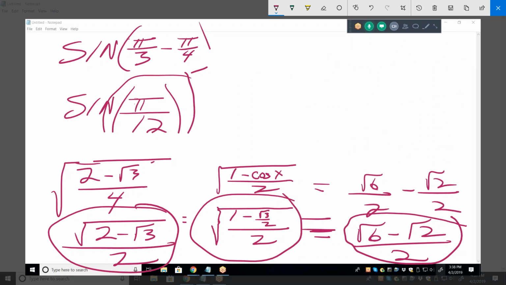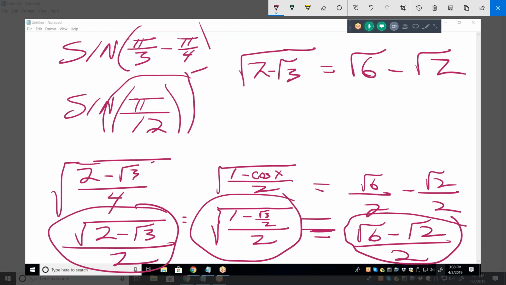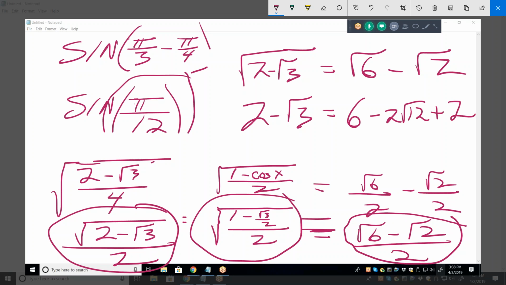But so here's the point. Is this the same as this? Right? That's the question. You have to square both sides. So square the left side, you get that. Square the right side, you get 6 minus 2, 12 plus 2.